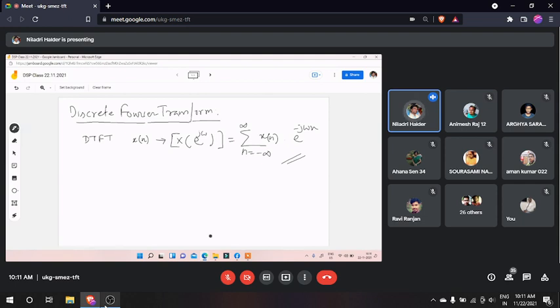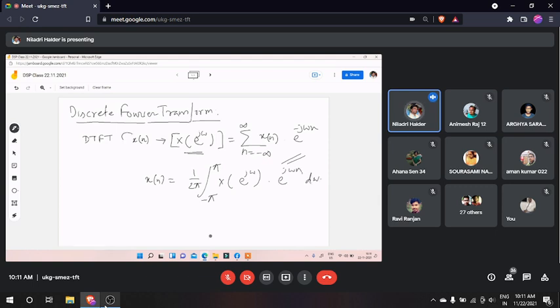And if you calculate inverse DTFT, means if you have a sequence X(e to the power j omega) and you are trying to calculate xn, then you know the formula: 1 by 2 pi integration from minus pi to pi of X(e to the power j omega) e to the power j omega n d omega.